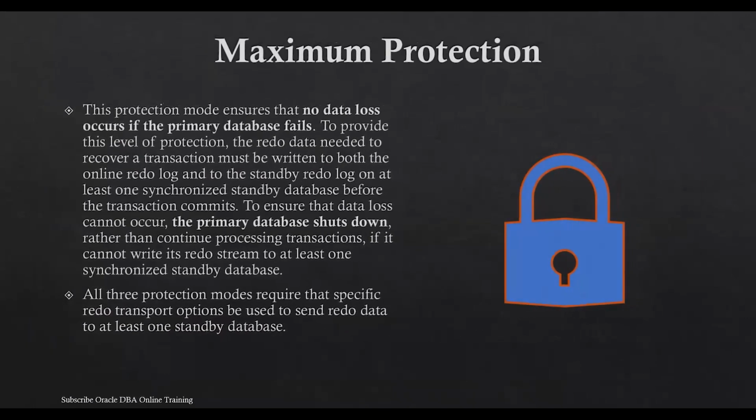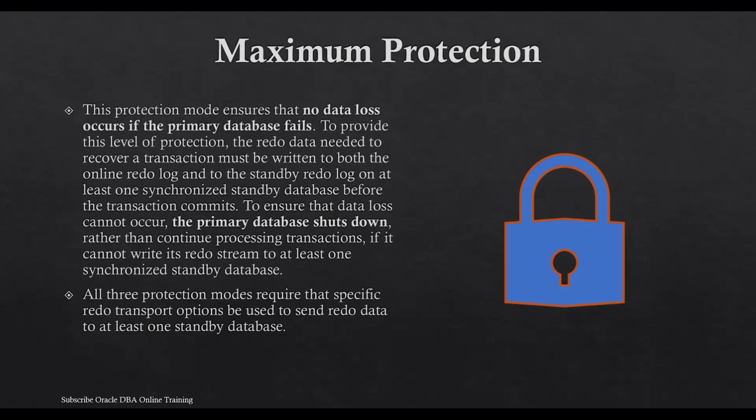The last mode is maximum protection. If you have enabled this feature, there is no way of losing the data. But this could be a killer as well. In some situations, if it is not able to transfer your data to the available standby database, and those changes are not written into the standby database, then your primary database will be shut down.